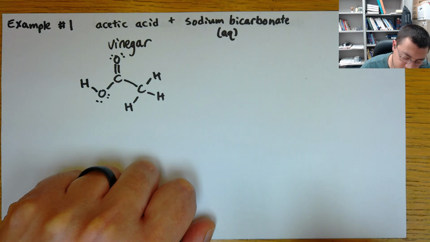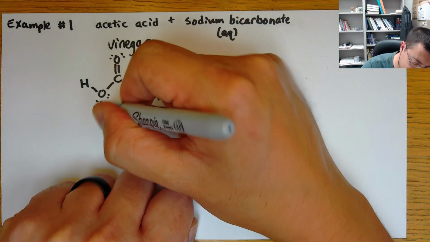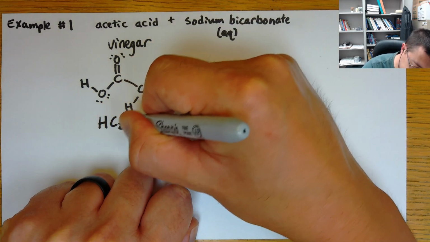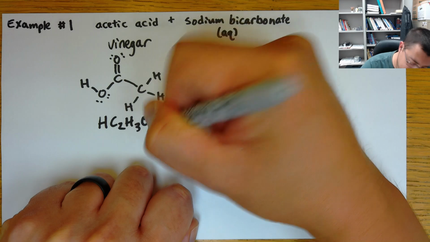All right, so there's acetic acid, vinegar. So we would write this chemical formula out as C2H3O2.